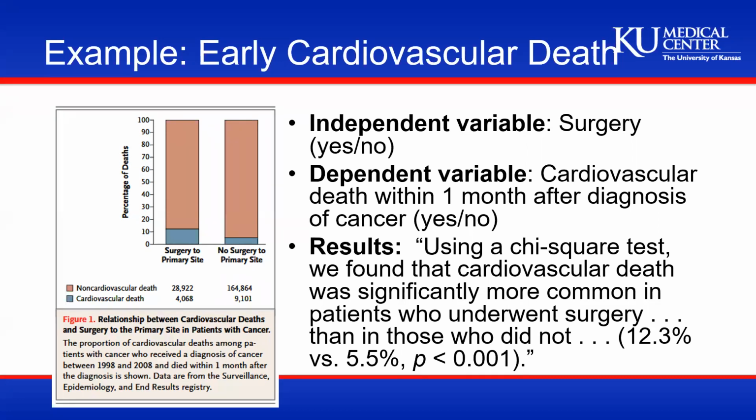That's the predictor, if you will, the exposure. They either had surgery or they did not. Notice it's surgery to the primary site. The dependent variable, the outcome, was cardiovascular death within 1 month after their diagnosis of cancer. So it was also yes, no. We have an independent variable that's categorical and an outcome that's categorical. So the chi-square test is appropriate here as long as our sample size and event rate are high enough.